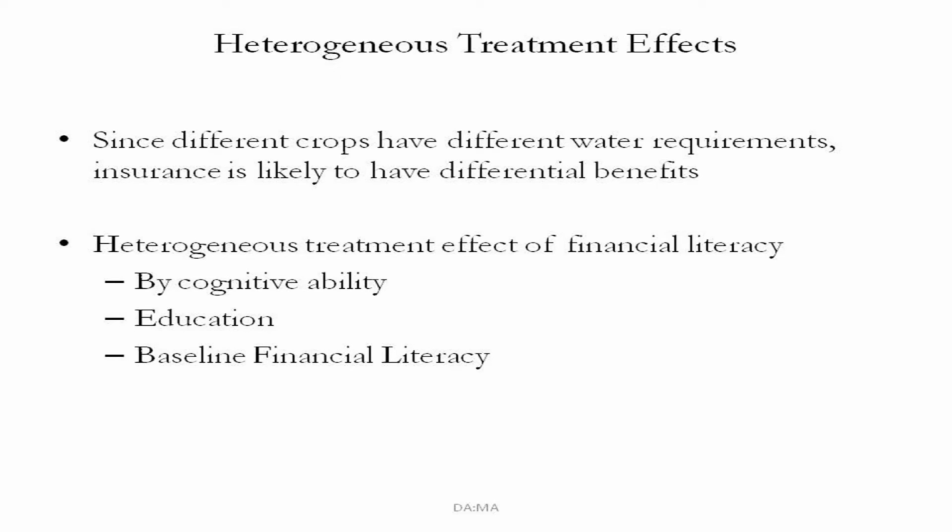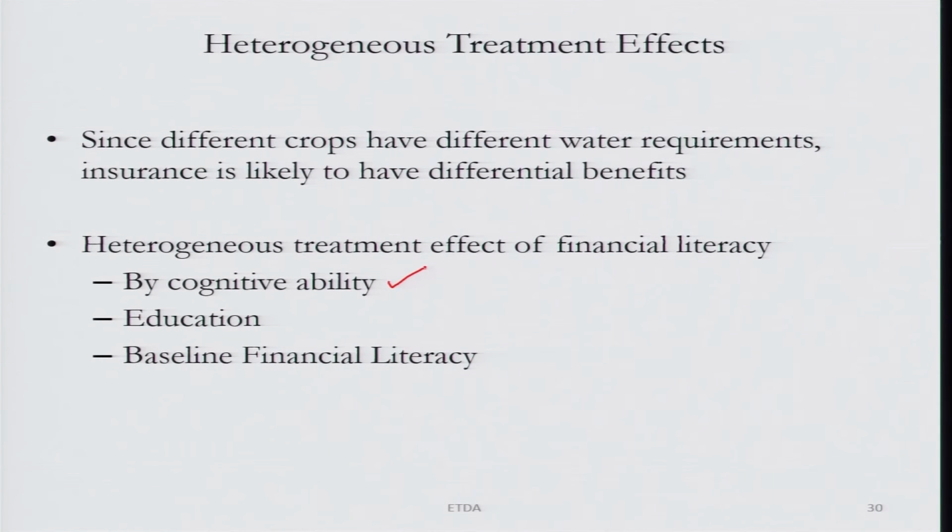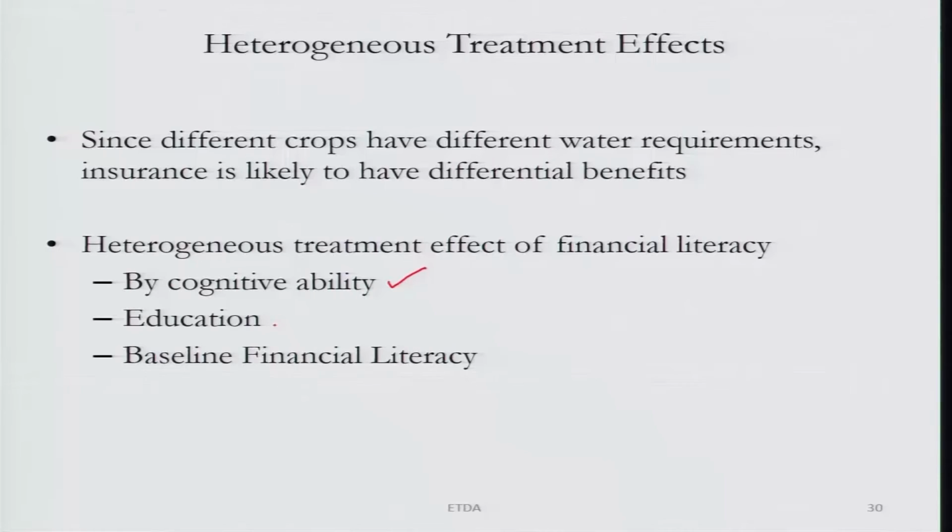Over here they try to find out whether financial literacy training is more beneficial, let us say for people who have higher cognitive ability to begin with. So, it is possible, for instance, that people who have higher cognitive ability to start with, or maybe higher years of schooling, higher education to start with, maybe they benefit more from the financial literacy training because they understand more of what is going on in this financial literacy training.